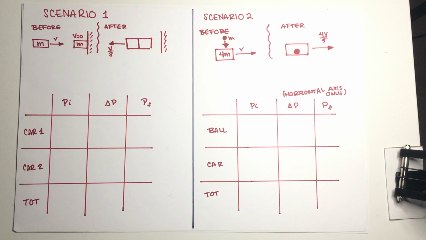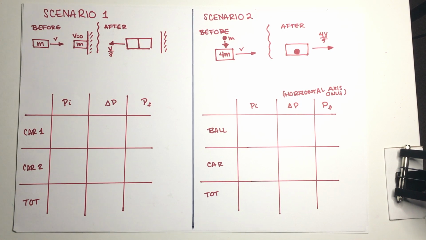It is not necessary. You could just use equations, but it is very helpful and very visual, and if you do a momentum chart, then you just know things are going to be right.